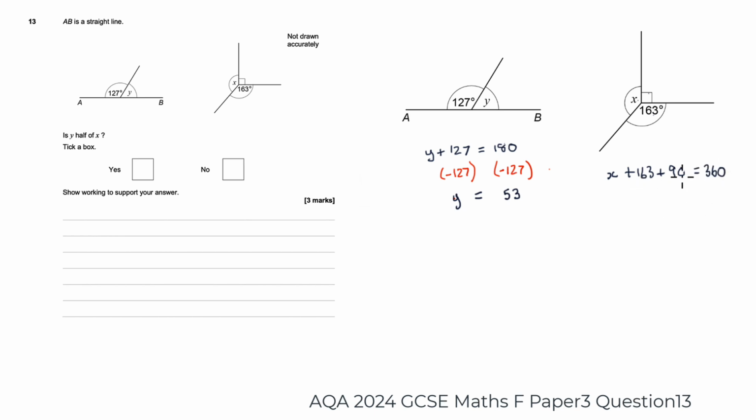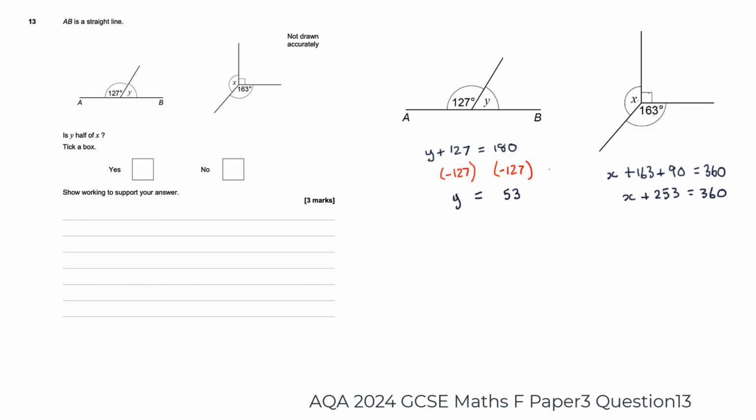Now, the 163 and the 90 are both on one side of the equation, so we can add these together and get 253. And again, remember, you can use this on your calculator.